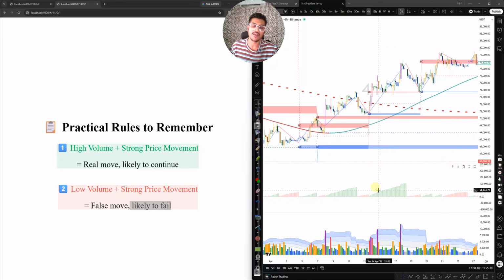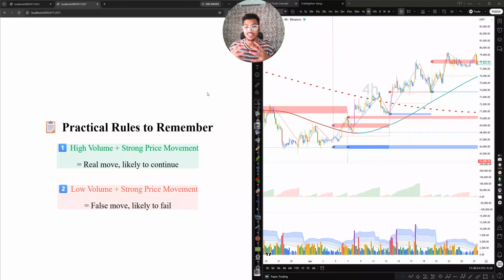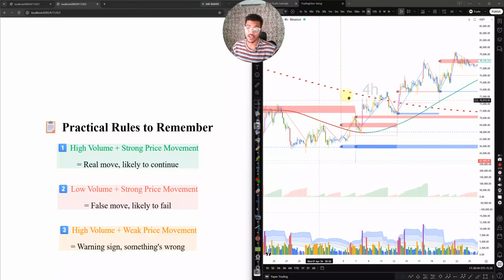That's what this trading truth concept teaches you: how to combine volume and price and infer the most probable, real move that we can actually capitalize on and make money with. And high volume with weak price movement is a warning sign that something's wrong.